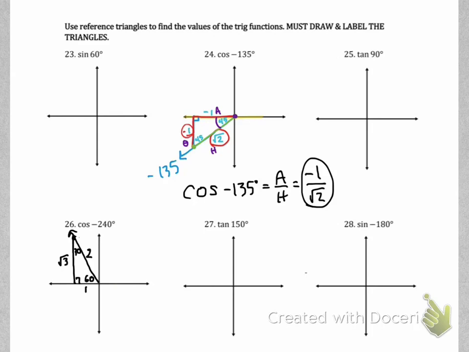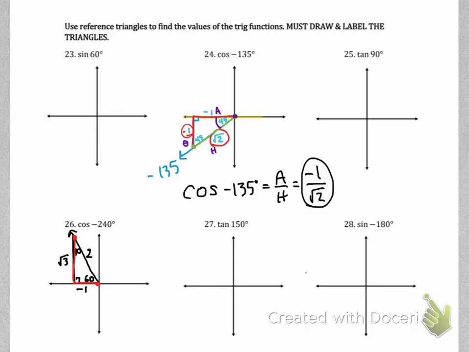But remember when we talked about how I get to this point from the origin? Well, if I start at the origin, I go left 1, which means I'm going to need to make that 1 a negative. And then I go up exactly square root 3, and up is positive, so I leave it positive. The hypotenuse, the 2, is always a positive number. Okay, I have my three sides.